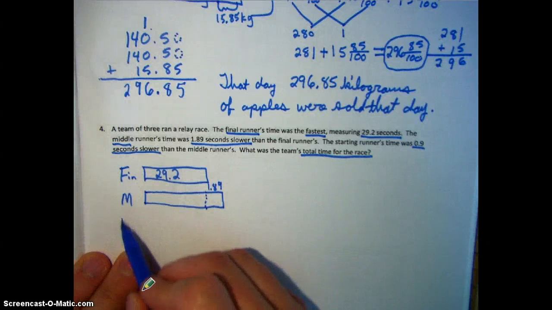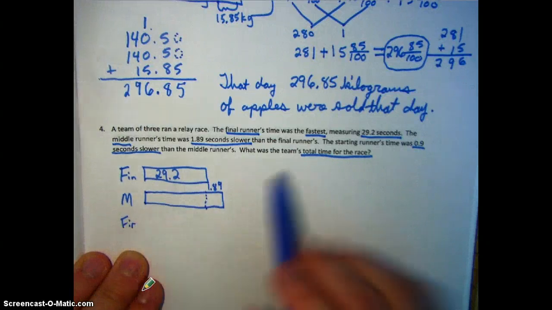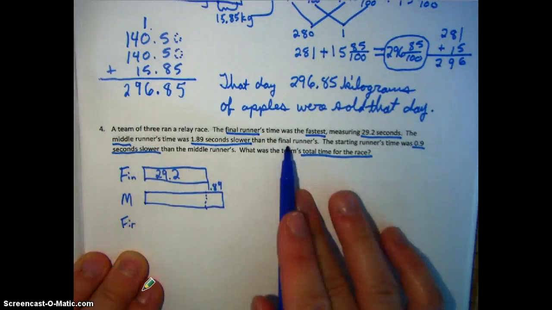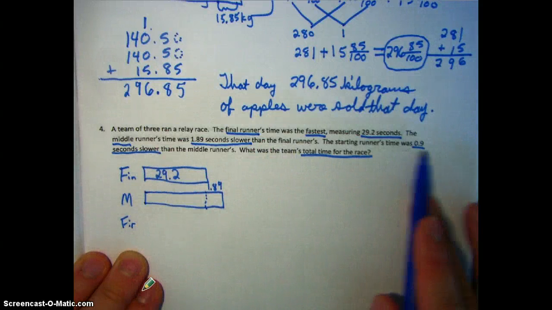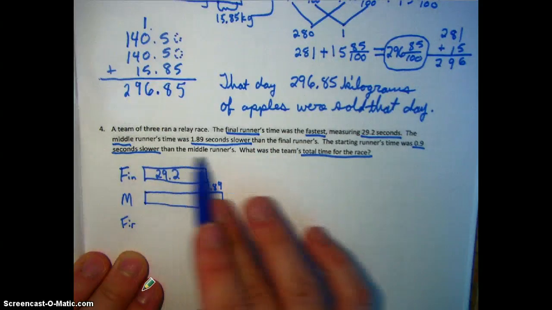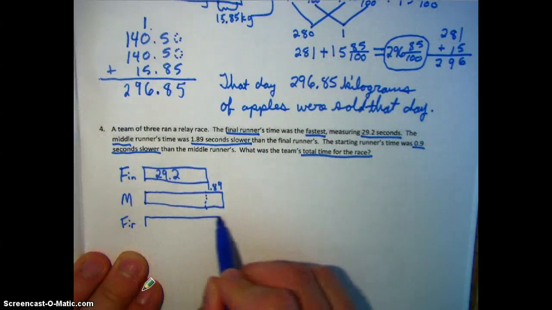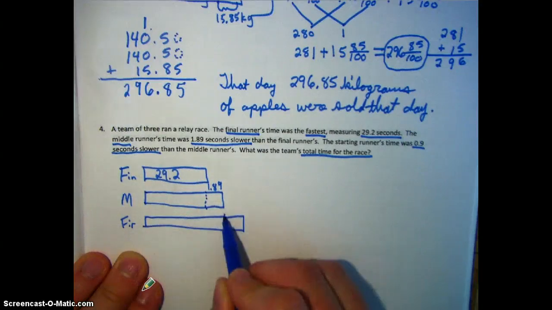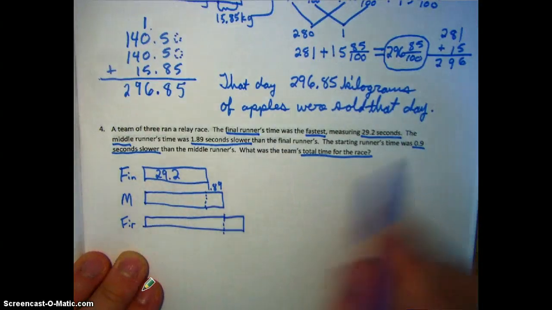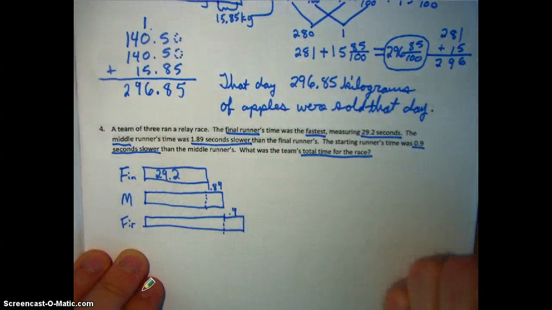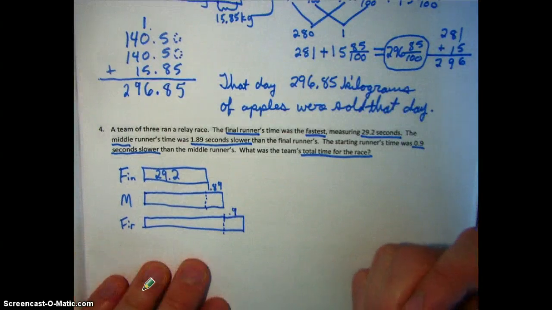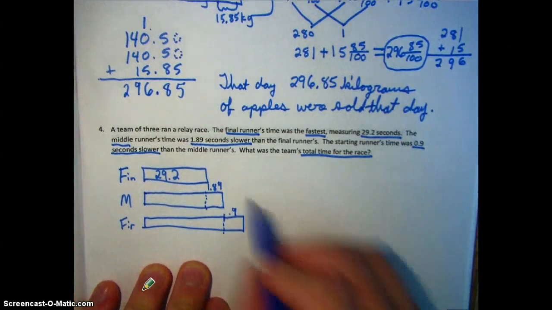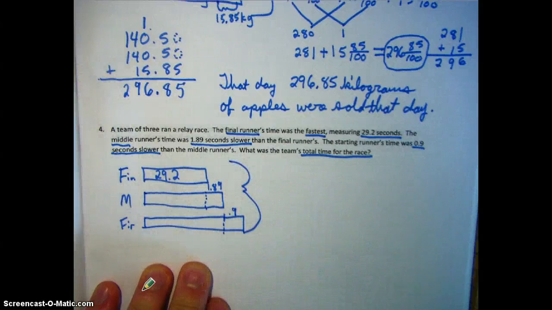Okay, and then our first runner, okay, we can see that going back into the problem, the starting runner's time was 9 tenths seconds slower than the middle runner's. So I'm going to draw a bar for the middle runner and go a little bit past that. And so this much right here, okay, is 9 tenths seconds slower. Now this is a multiple step word problem here. Okay, now we need to know the total time.